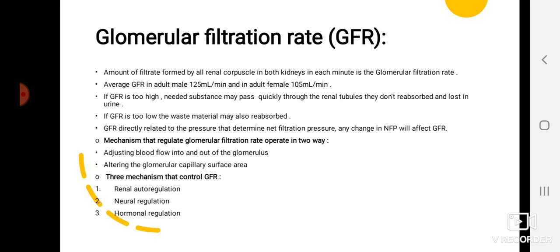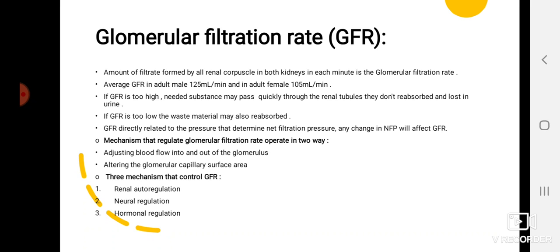So the mechanism that regulates glomerular filtration rate operates in two main ways.